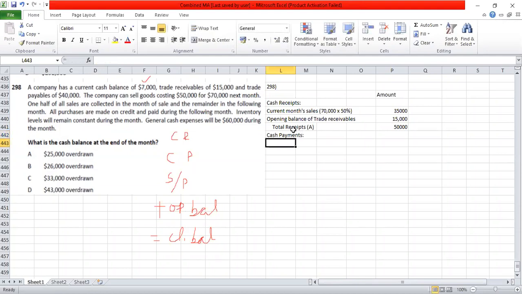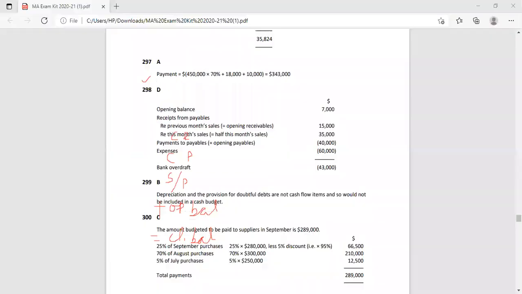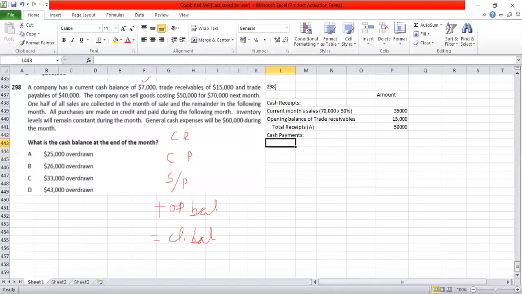Cash payments, the terms are when the purchases are made, all purchases are made on credit and paid during the following month. So if there was any purchase made during this current month, the entire amount will be paid in the next month. But what will be paid in this month? Whatever was pending in the last month, the entire amount will be paid during this month. So that's the only thing. We do not have it split into two parts, this month and the next month.